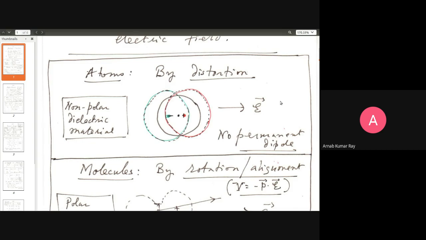As a result, what will happen is the following. Follow carefully. All the positive charges at the central nucleus, earlier this black dot was the position of the positively charged nucleus. Now this positively charged nucleus will be pushed forward by the electric field going from the left to the right.